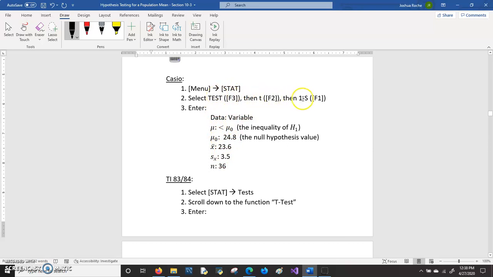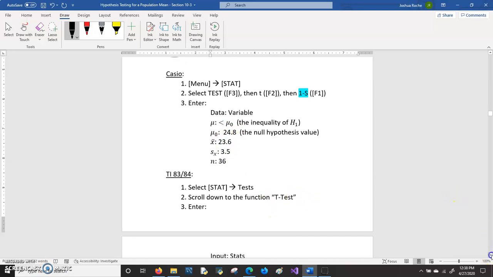You take these steps. Ultimately, you want to get to this function on the Casio called 1s. And then when you get there, you want to make sure to put in the correct inequality for the alternative hypothesis, put in the value for the null hypothesis, your sample mean, sample standard deviation, and sample size.